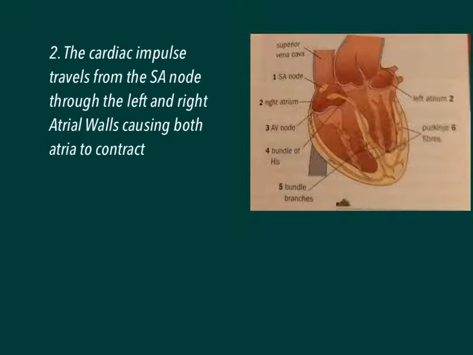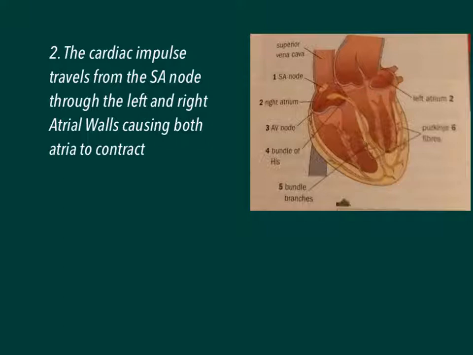The second point you must make when talking about the conduction system is that the cardiac impulse that is initiated from the SA node then travels through the left and right atrial walls, which causes both of these atria to contract.